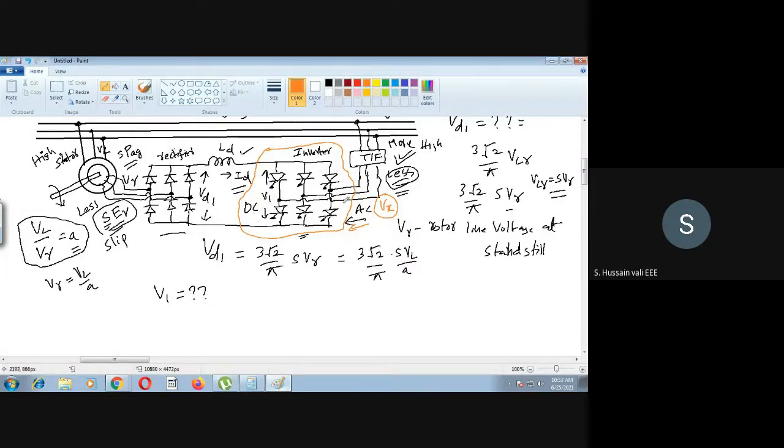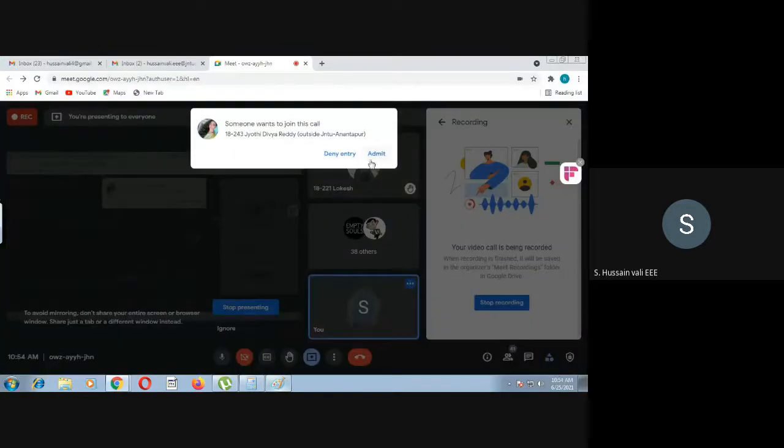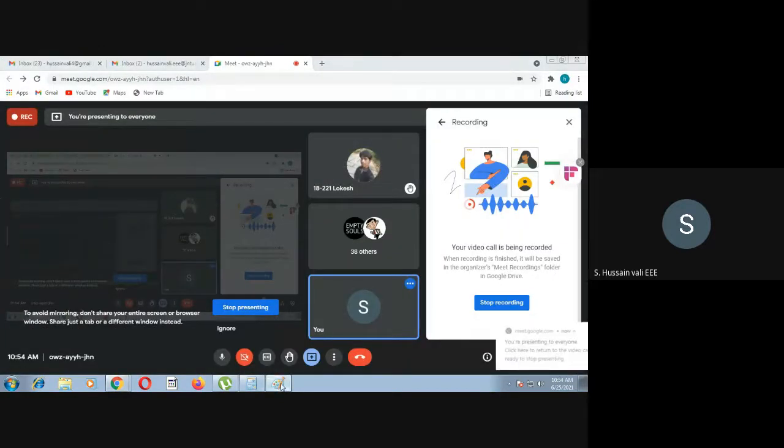That is V1, because this is a full converter, and since the firing angle is greater than 90, it will work as an inverter. The equation is V1 = 3 root 2 by pi Vx cos alpha. This we have already studied for the full converter.